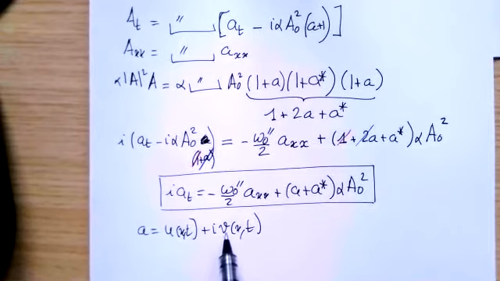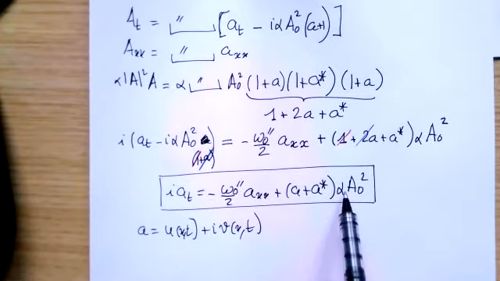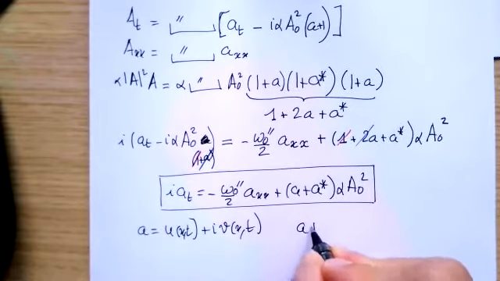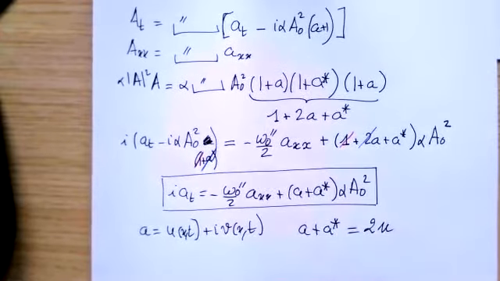Okay, and one will write two equations, one for the real part of this, and the other one for the imaginary part. So, for instance, for the real part one has A plus A star, which is 2U.